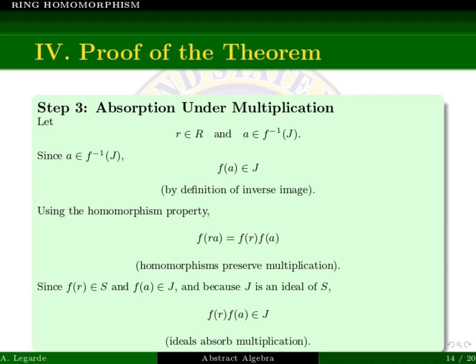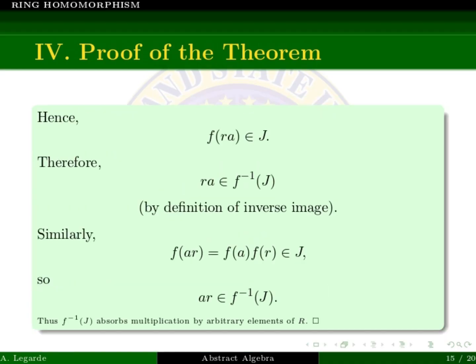Because J is an ideal and absorbs multiplication, we obtain that F(r) times F(A) belongs to J. Since F(rA) belongs to J, it follows that rA belongs to F inverse of J. Similarly, we can show that Ar belongs to F inverse of J. Therefore, the inverse image absorbs multiplication by arbitrary elements of R.